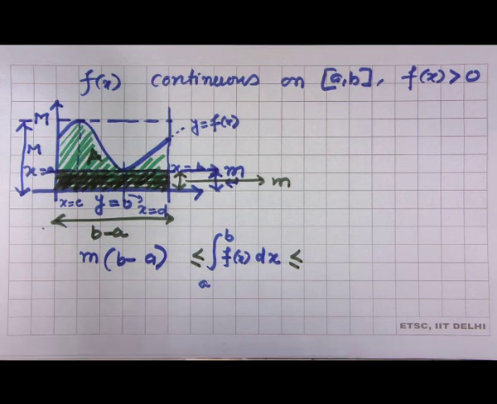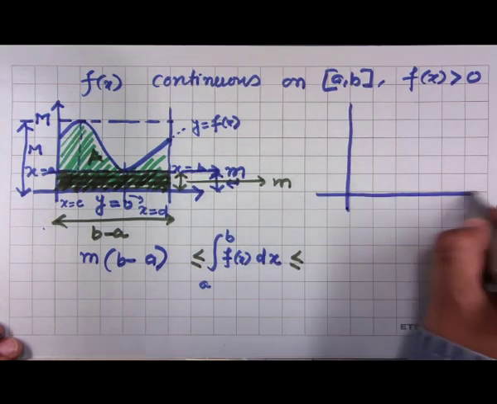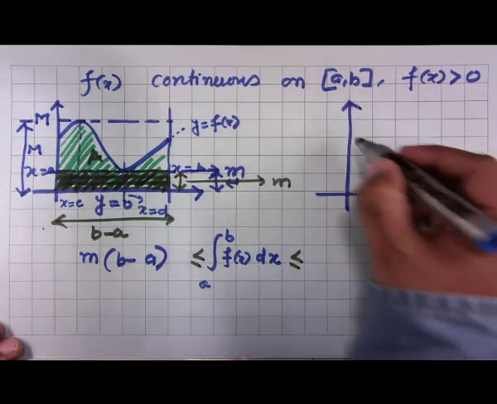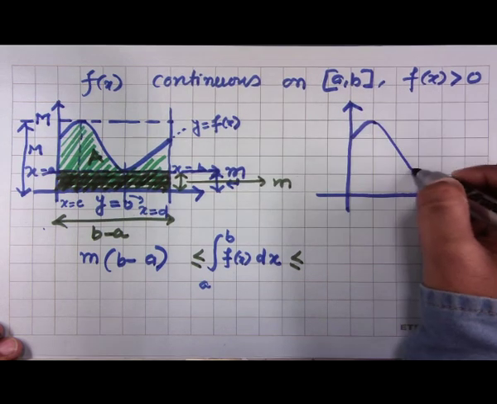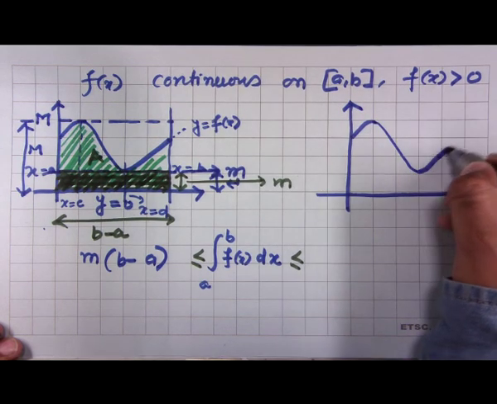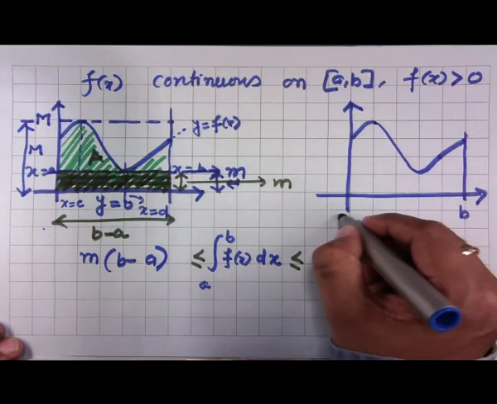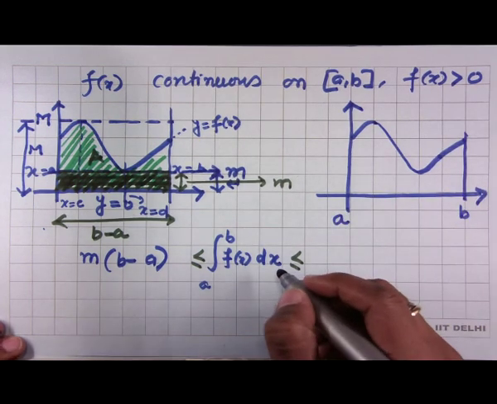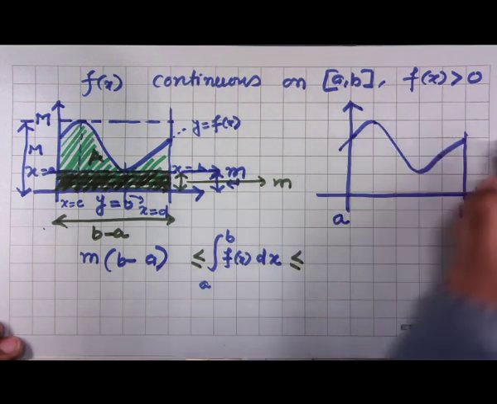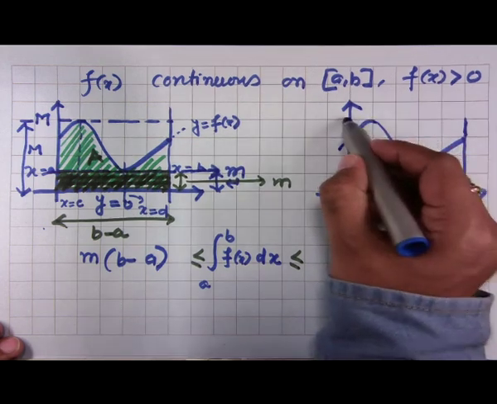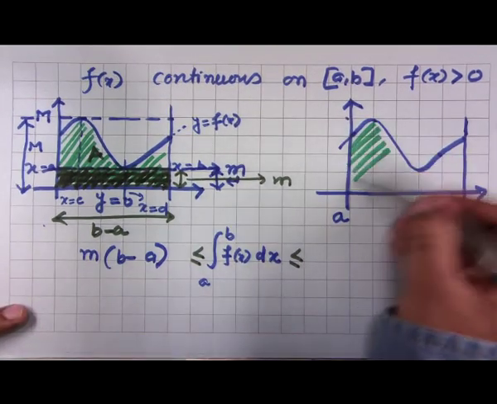Now let us draw this figure again, because it is getting very complicated to understand from this. Something like this, you have this is b, this is a. So this green shaded region is the actual area.